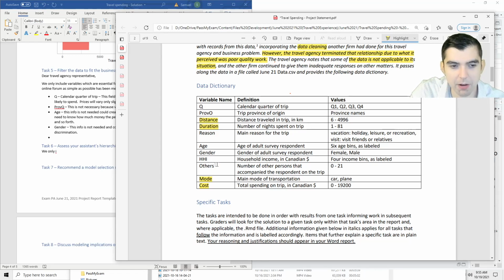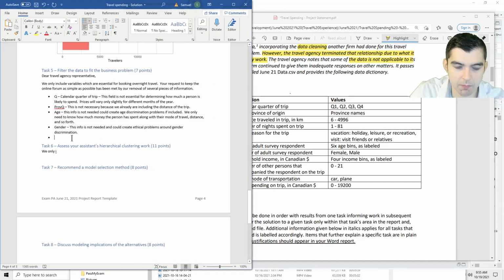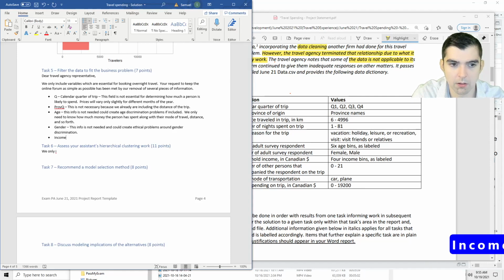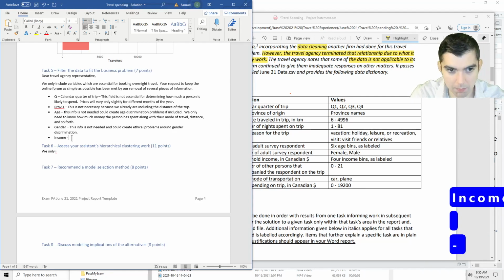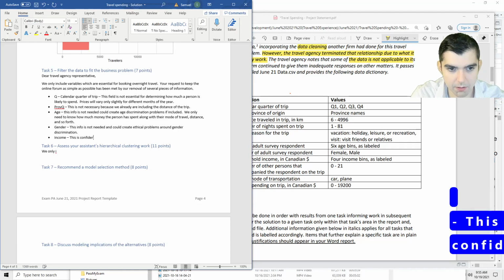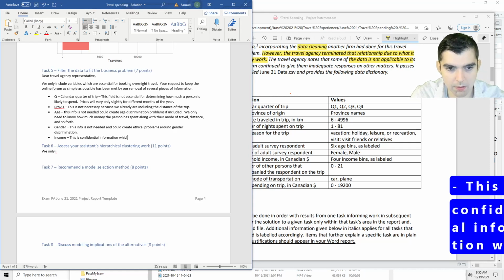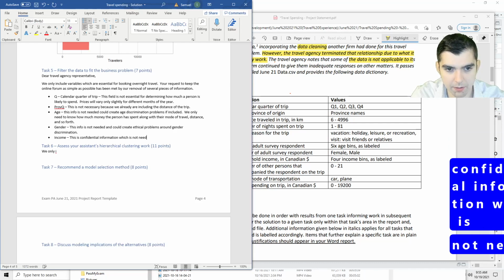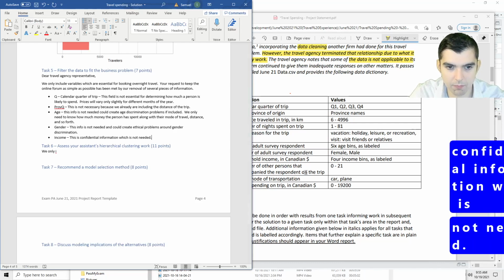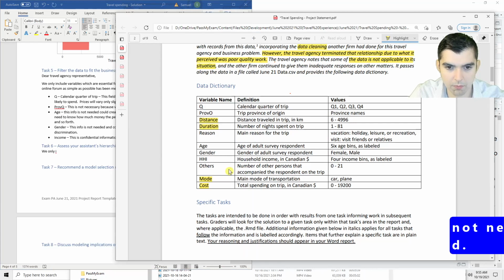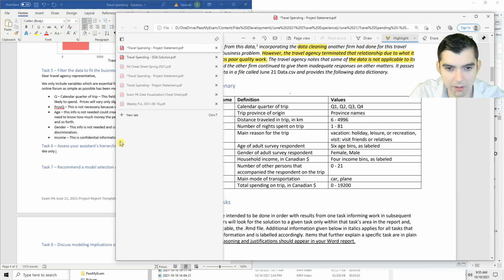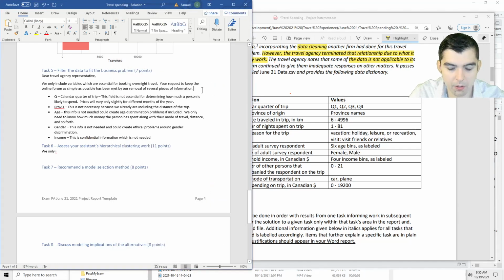This other info is private information. It is confidential, which is not needed. Others, I think others is useful because that can change the type of hotel that you stay in. Do you need a big hotel or a small hotel?